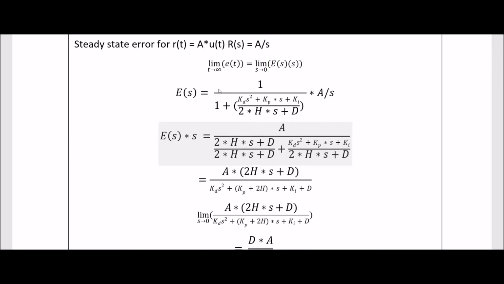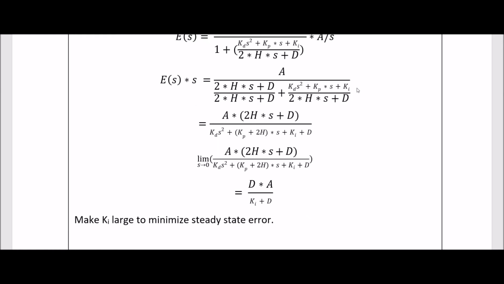So we have the error function, and we're going to plug in R of s and distribute the A out, and then we're going to move the s to the other side to get us E of s times s. And then we're going to take the limit of that once we've simplified that equation, as shown here.